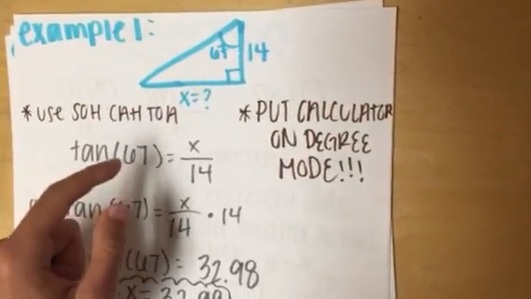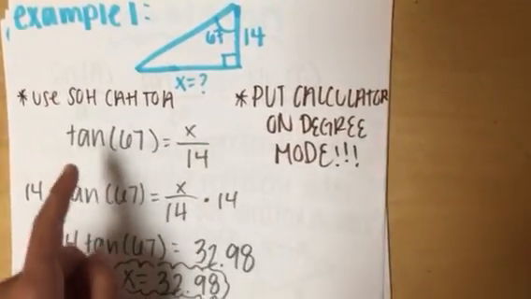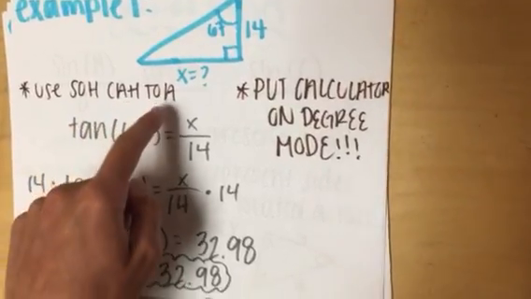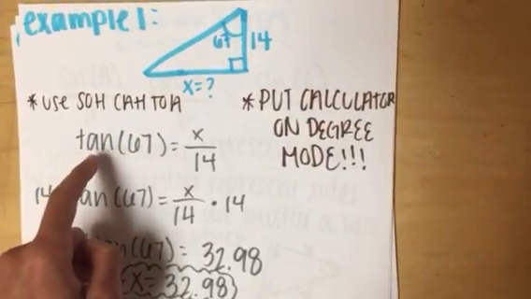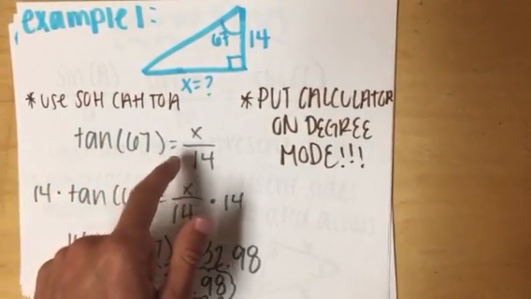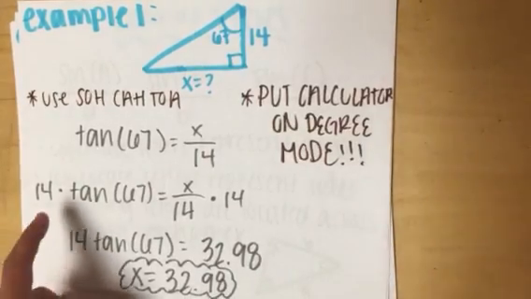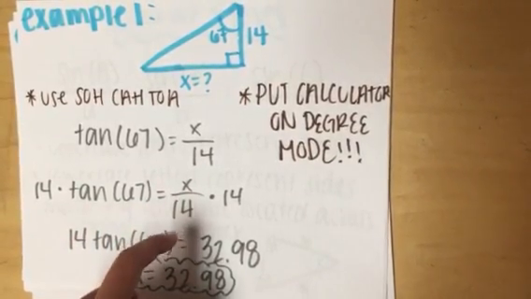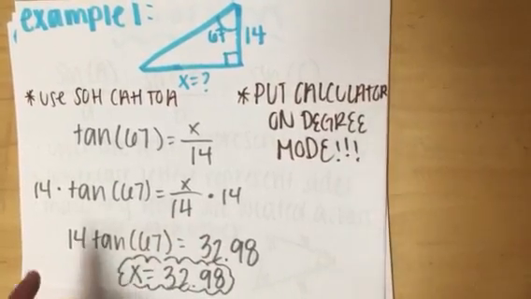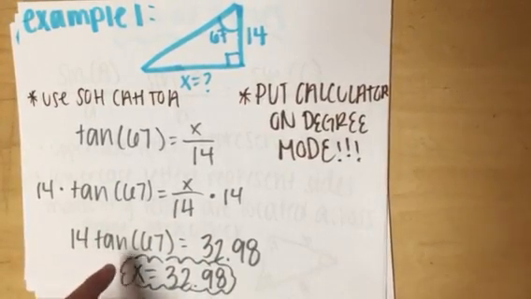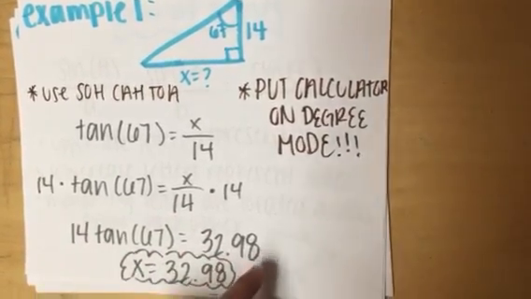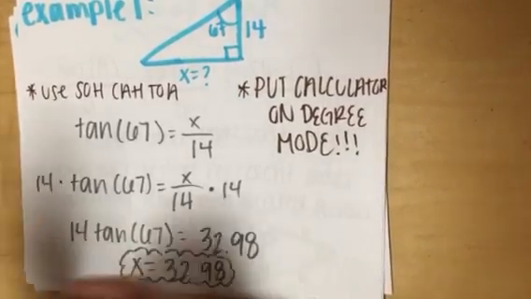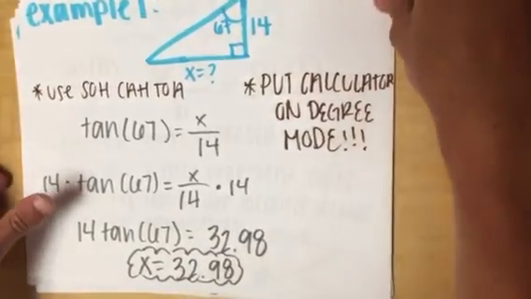So, plugging the numbers into our formula, we're going to use TOA. Tan of 67 equals x over 14. Then we do 14 times tan of 67 equals x over 14 times 14. 14 tan of 67 equals 32.98. And that is your answer.